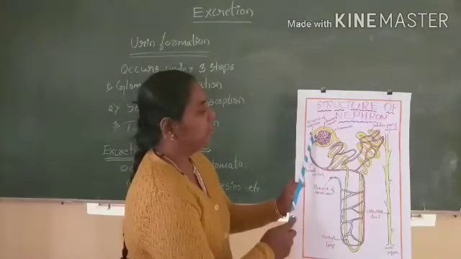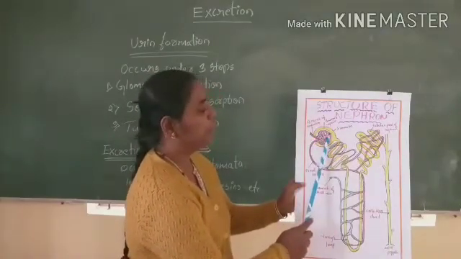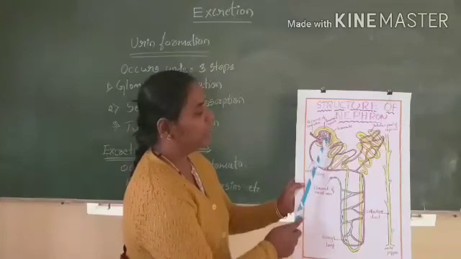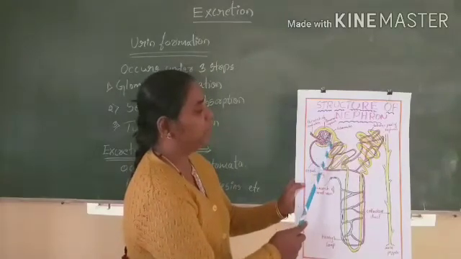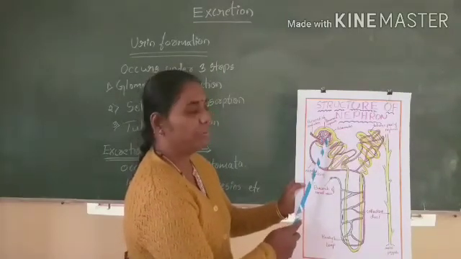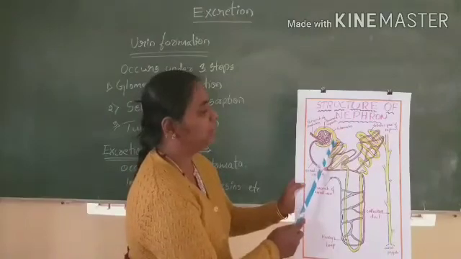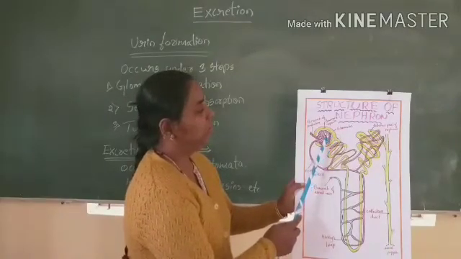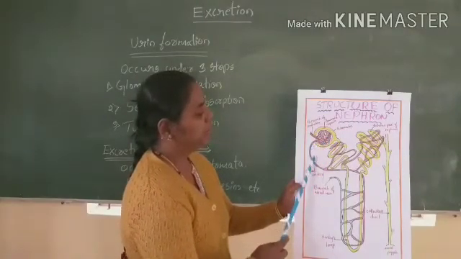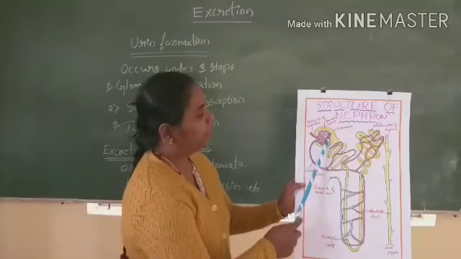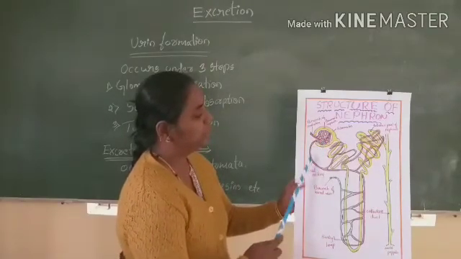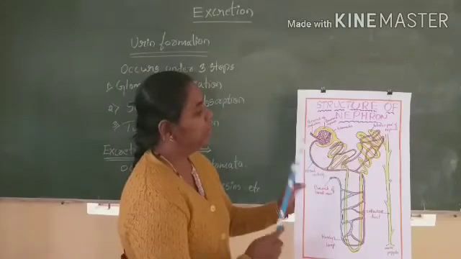Because the blood rushes into this glomerulus, the water along with the excess materials, that is urea, uric acid, excess minerals, excess amino acids, all get filtered into the Bowman's capsule. And the filtered blood goes away from the glomerulus and is later connected to the branch of the renal artery.